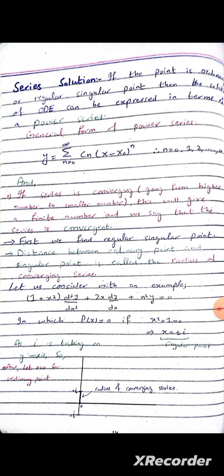So p of x is equal to 0 at x is equal to plus minus iota. As we know, iota is always drawn on the y-axis. So by drawing on the graph of a two-dimensional system, we obtain a vector from 0 to plus iota, and this vector is the radius of the converging series.